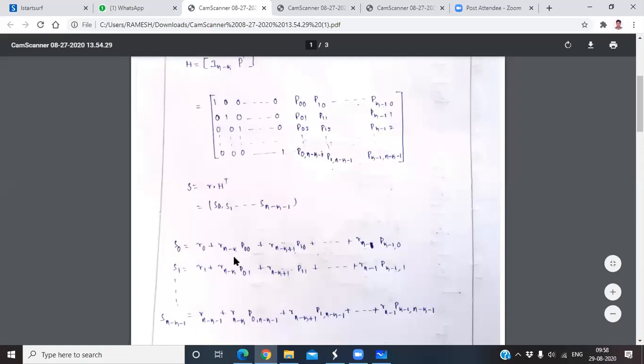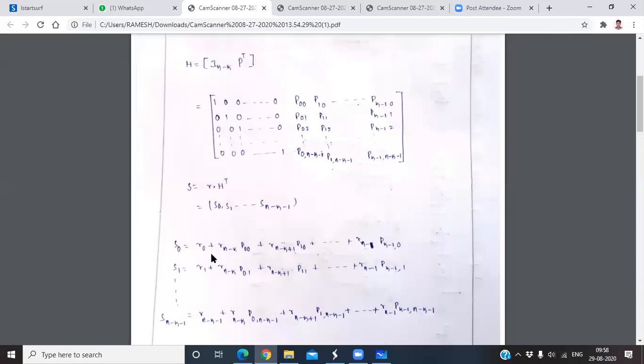Look at this equation. So this is the H matrix actually. Now transpose this first. After transposing, just multiply with the received code vector.